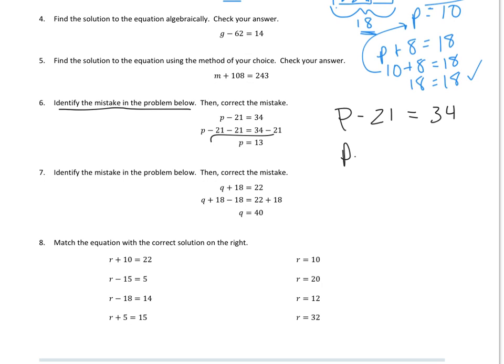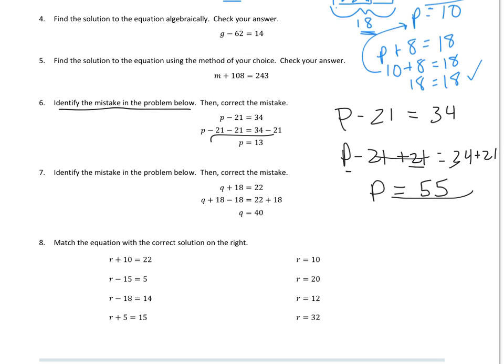So I know when I subtract 21 from p, I have to add 21 to get back to my original value of p. And what I do to one side, I have to do to the other. So these two will allow p to be by itself, and then 34 plus 21 should get me 55.